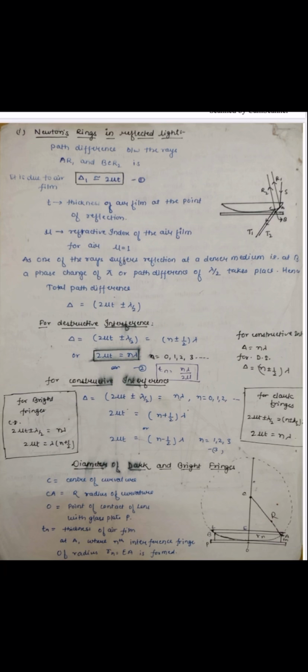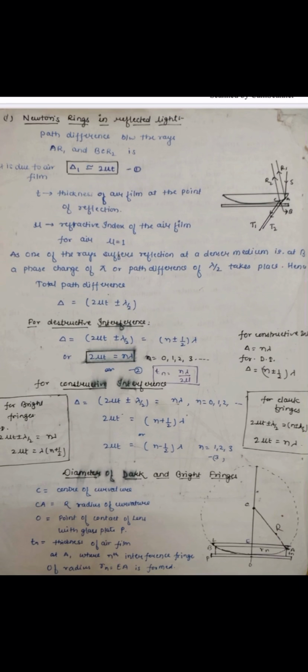As one of the rays suffers reflection at a denser medium, at B, there is a phase change of pi, or a path difference of lambda by 2. This means you have two reflected rays, AR1 and BCR2.